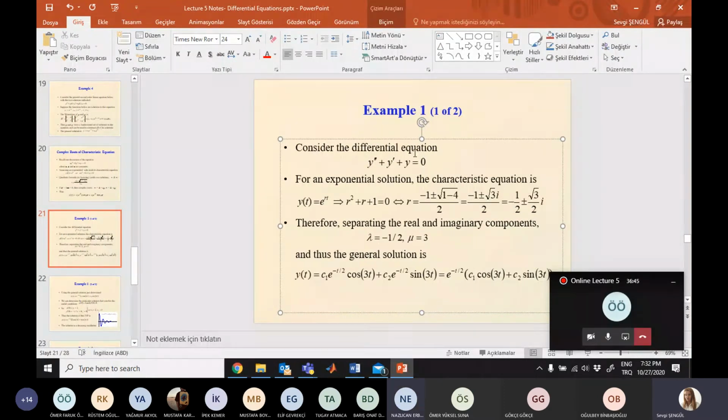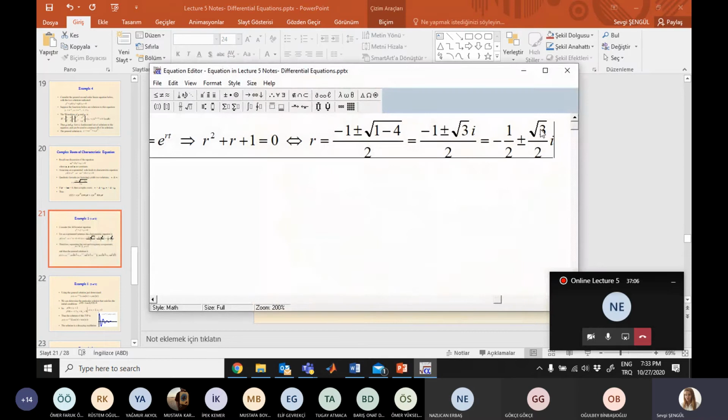Yes, this one. We found root of 3 multiplied with 1 over 2 for mu, but we wrote 3 for it. Oh, yes, that's right. Let me see. So this is, I put this one wrong.